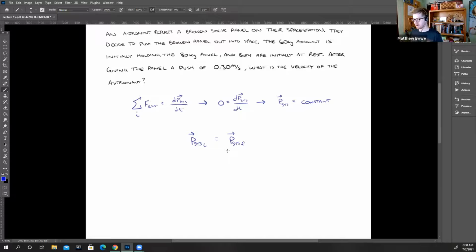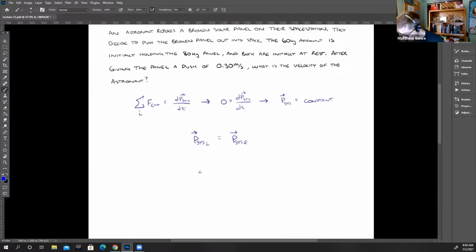Okay. Let's sort of flesh this out. I'm going to fill in sort of the blanks. I'm going to work downward. So for the initial conditions, we have the mass of the panel times the velocity of the panel in the initial state, plus mass of the astronaut, velocity of the astronaut in the initial state.